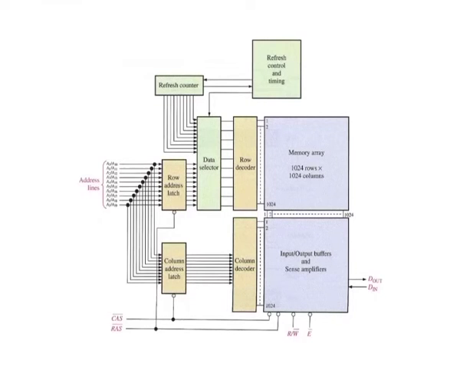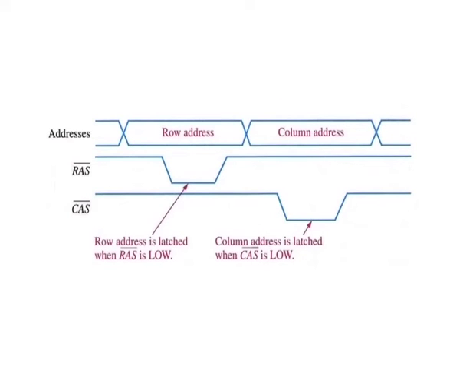Next, the 10-bit column address is latched into the column address latch. The row address and the column address are decoded to select one of the 2 to the power 20 addresses in the memory array. The basic timing diagram for the address multiplexing operation is shown in this figure.